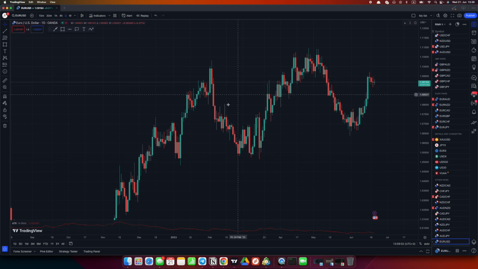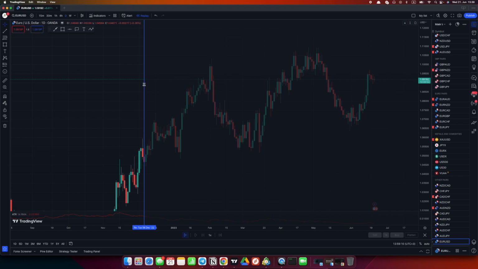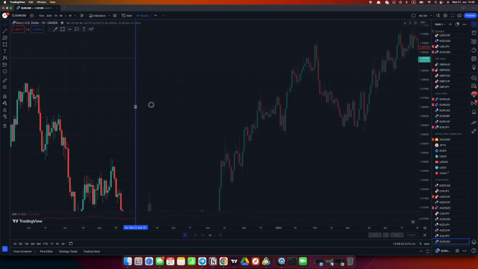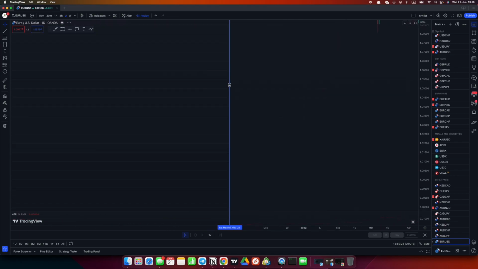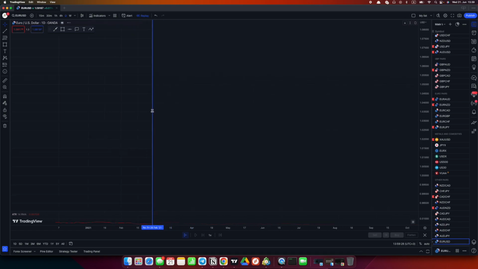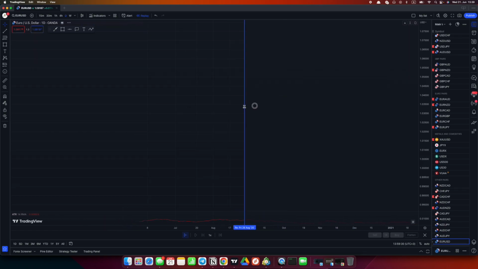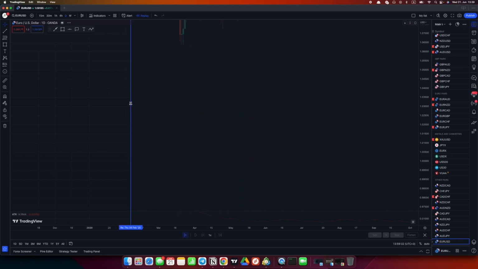Once you are ready, you go back to TradingView, you choose the daily time frame, and then we press the replay button. Once you press the replay button, a blue line will appear where you can choose the initial point of your backtesting. So you slide it left on time, and once you go to a date that you feel comfortable starting your backtesting, you click.